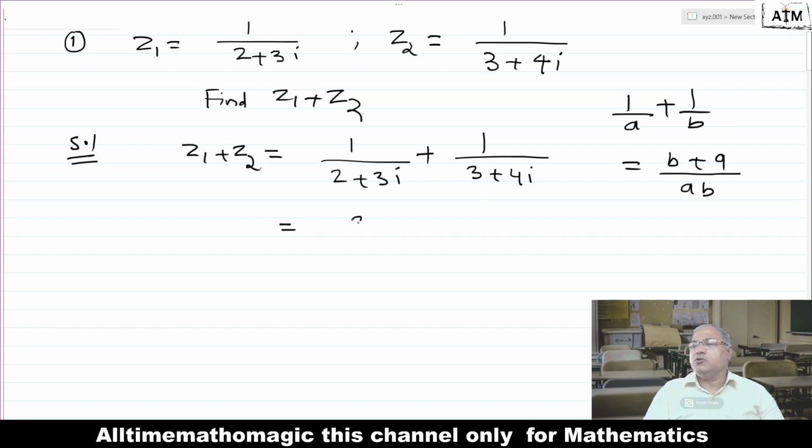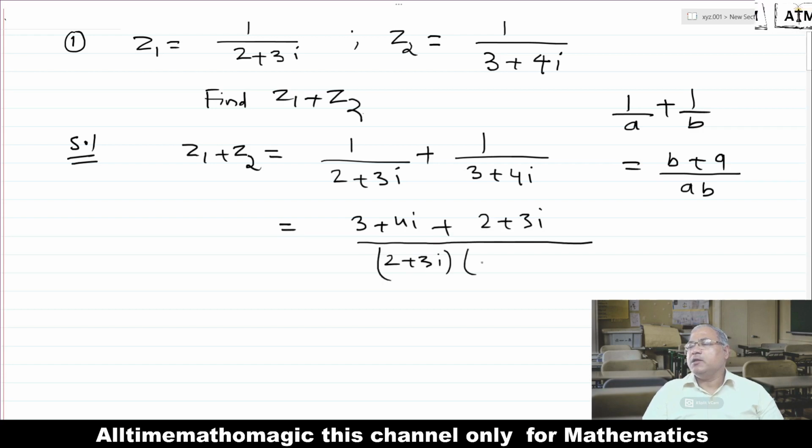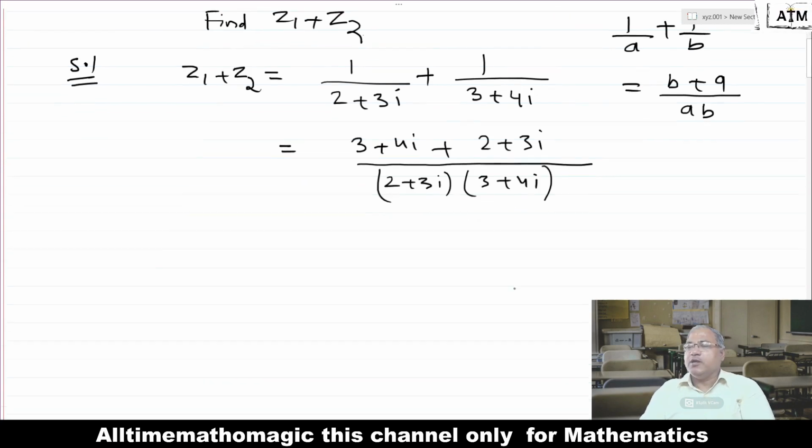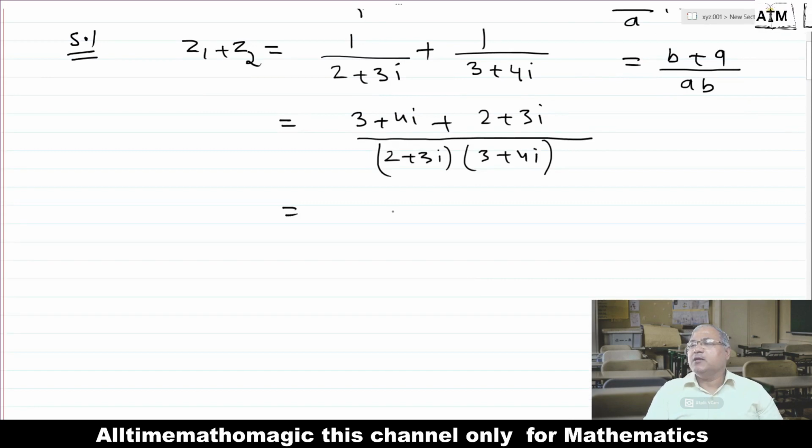Therefore, this equals 3 plus 4i plus 2 plus 3i upon (2 plus 3i) and (3 plus 4i). This problem involves addition, division and multiplication. So first we will simplify the numerator by adding it, that is equal to 5 plus 7i.